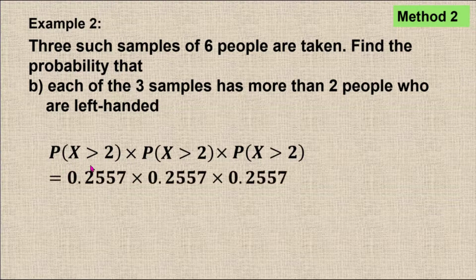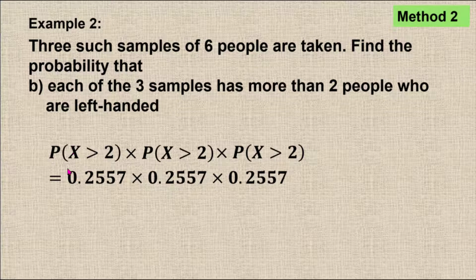The probability of the sample which has more than 2 people who are left-handed can be taken from question A. When calculated, the answer is 0.0167.